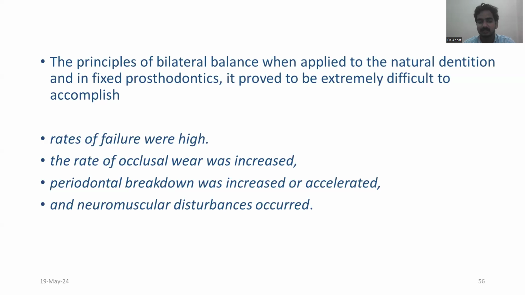Because for natural dentition, there should be a posterior separation during protrusive movement, and then during eccentric movement there should be anterior disocclusion. But in balanced occlusion, since there is a continuous contact of teeth during protrusive and lateral protrusive movement, this contact leads to heavy occlusal wear, periodontal breakdown, and neuromuscular disturbance.